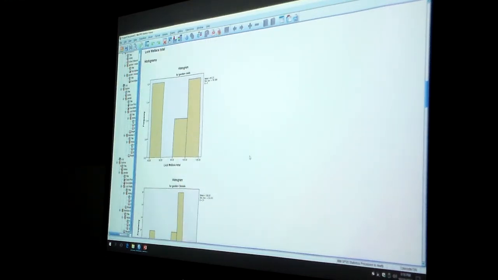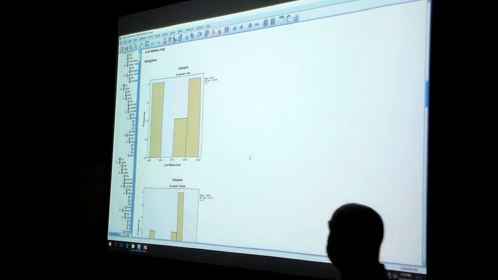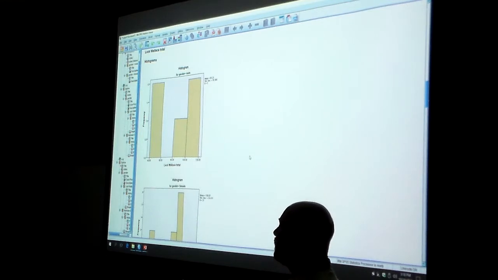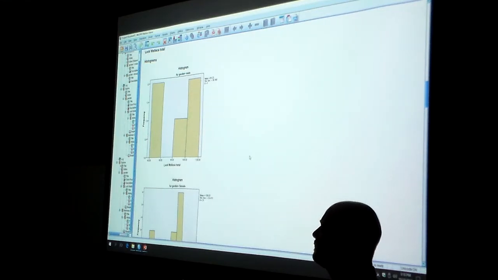What I'm interested in is using this to get a handle on my histograms. So this is the distribution of my Locke-Wallace scores for my men. See my mean, my standard deviation. Alex, what do we think about that distribution? That distribution sucks, right?